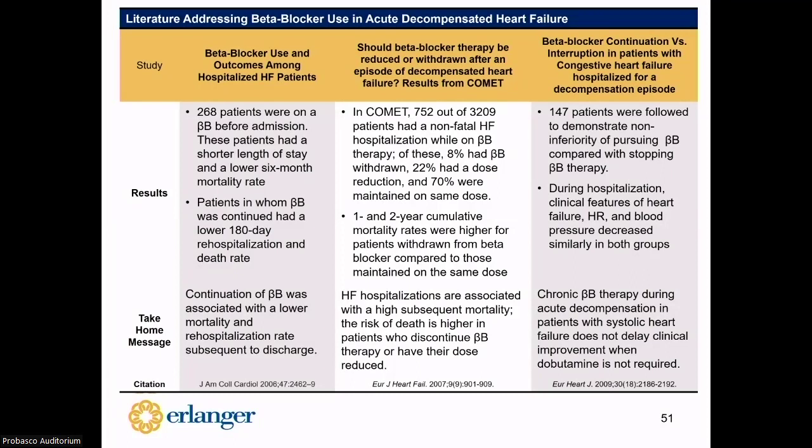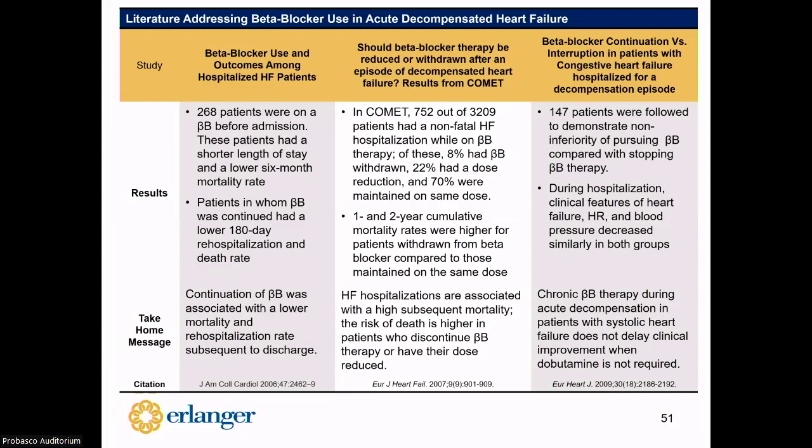They found that the 1 and 2 year cumulative mortality rates were higher for patients who had the beta blocker withdrawn compared to those who were maintained on the same dose, and concluded that heart failure hospitalizations have a high associated mortality, and the risk of death is higher in those who discontinue a beta blocker or have their dose reduced, but did not go into the reasons in which the doses were reduced.